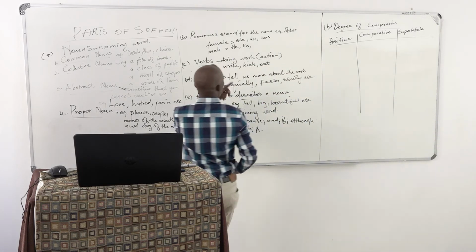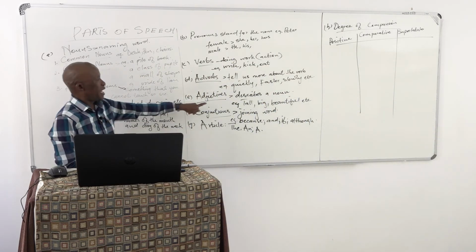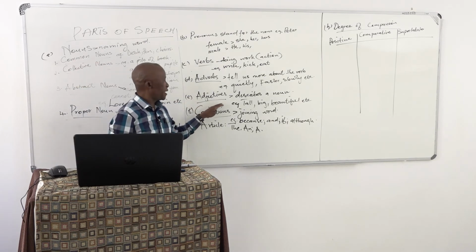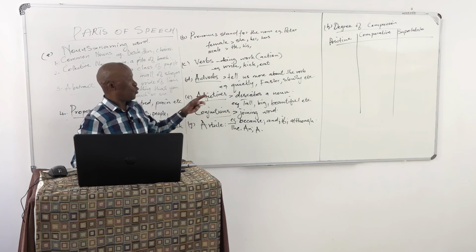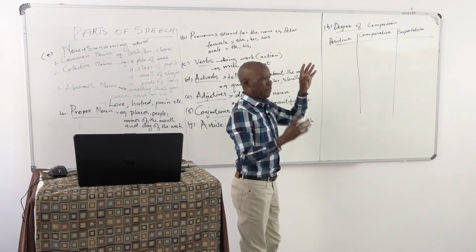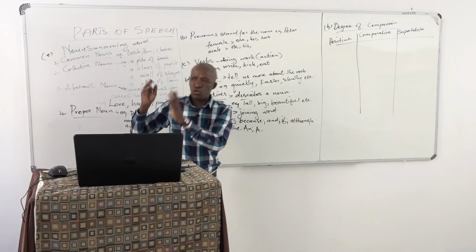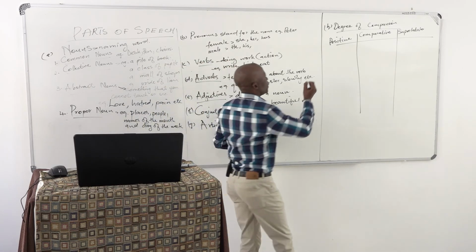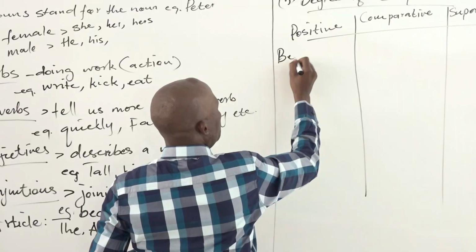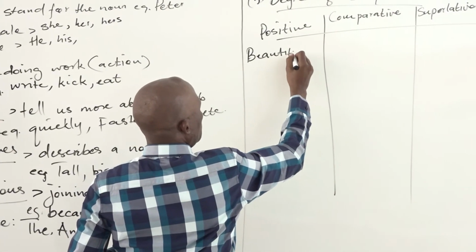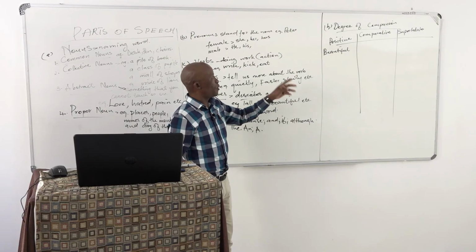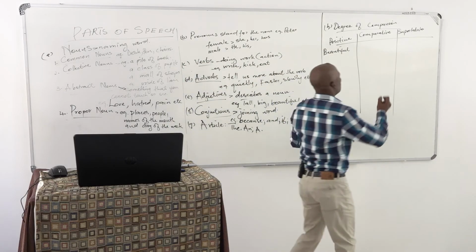Mostly under the positive, we use adjectives. Remember we said they describe the noun. Which girl? Beautiful. Let's say this is the first girl. You are comparing the first girl with the second one and the third one. Therefore, the first girl is beautiful. If you compare the first girl with the second one, the second one will be more beautiful.